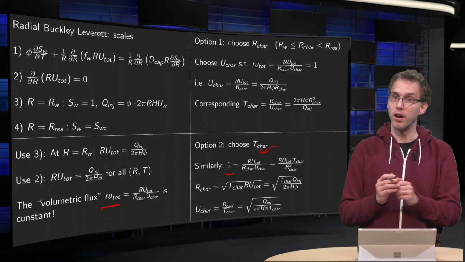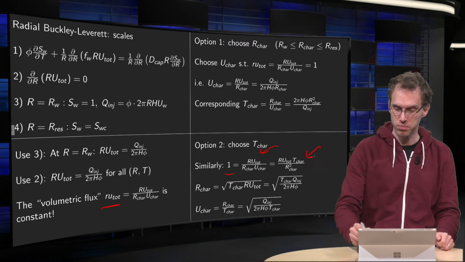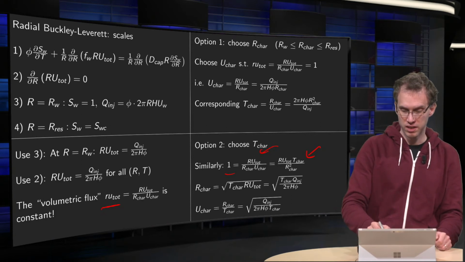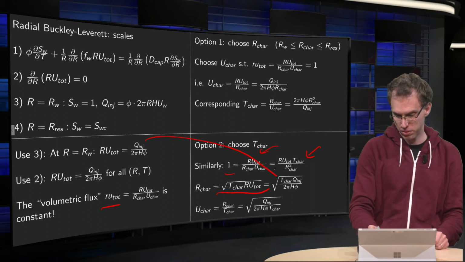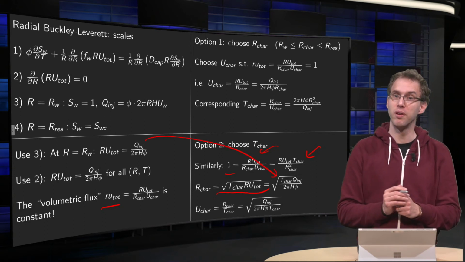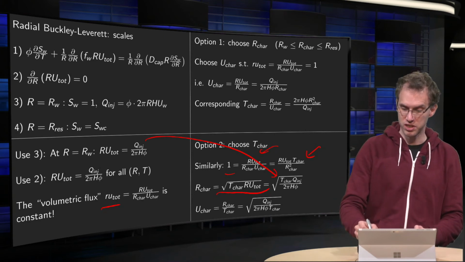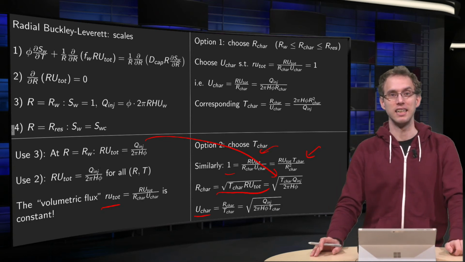Now you know U characteristic equals R characteristic over T characteristic, so that goes in here. Then you can solve for your R characteristic. It's this expression over here, and again you plug in what you know about R U total. That gives you your characteristic distance, and with it, your characteristic velocity. So that's the second option for you.